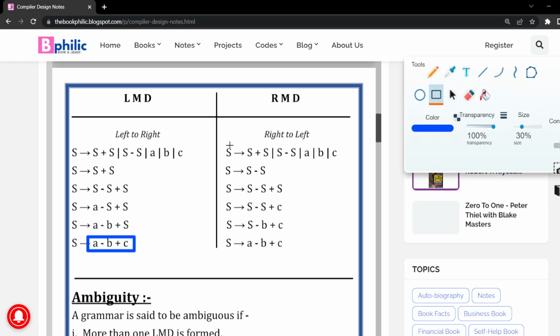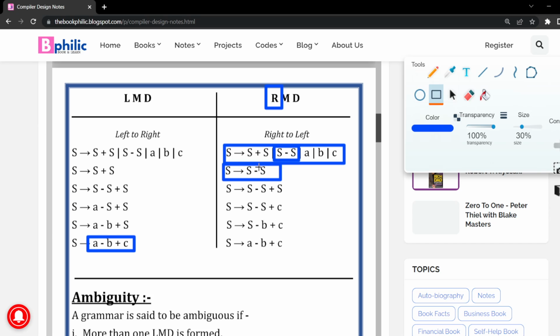In this way we also want to derive the RMD. For the RMD, we are taking this middle S minus S production rule, so that we can derive the same syntax as we want. Okay, so let us start with S derives S minus S. As the name suggests, RMD is nothing but starting from right to left.